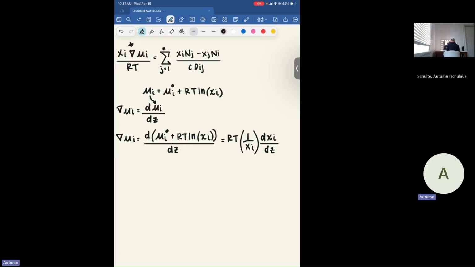Now we can take what we just solved for the gradient of our chemical potential and plug this back into our original equation.